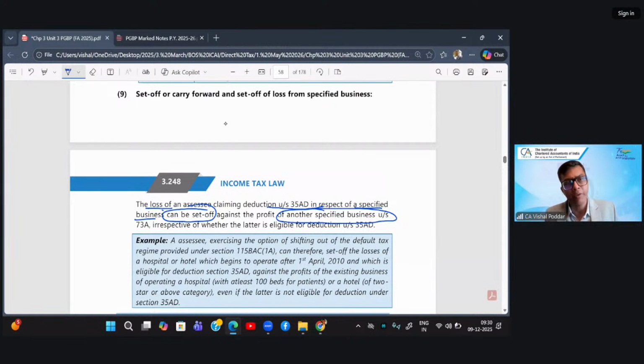So 35AD loss is set off only against 35AD income. Either you should have another business falling in 35AD in the same year, or in this year you simply carry forward this loss, and in the next year, when your business shows a profit, set it off against that. But important rule: 35AD business loss cannot be set off against any other income.